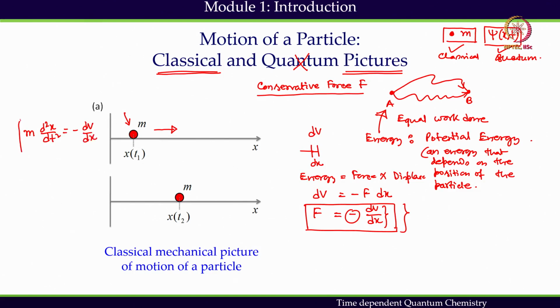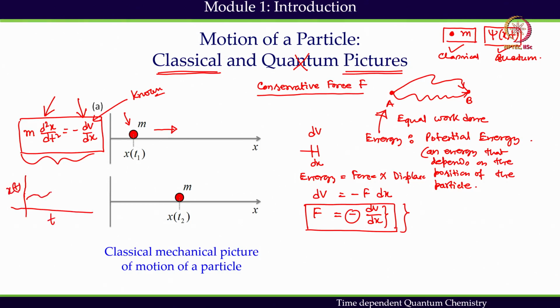That is the force coming from the potential energy, which is related to Newton's equation of motion. If we know the potential, we will be able to solve this equation. So for a known potential I will be able to solve it, and the moment I solve it I will be able to get the trajectory, how x(t) is changing as a function of time.